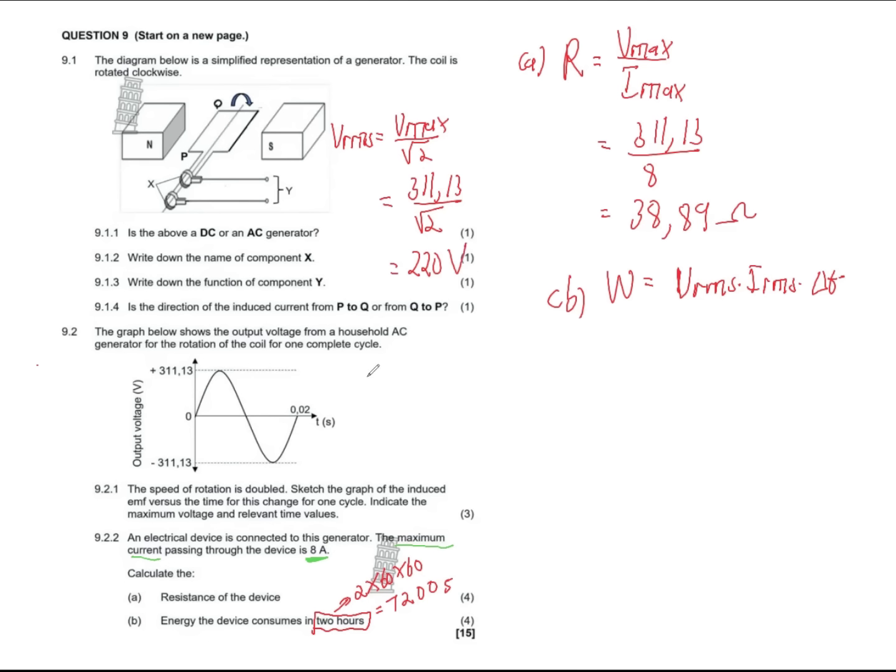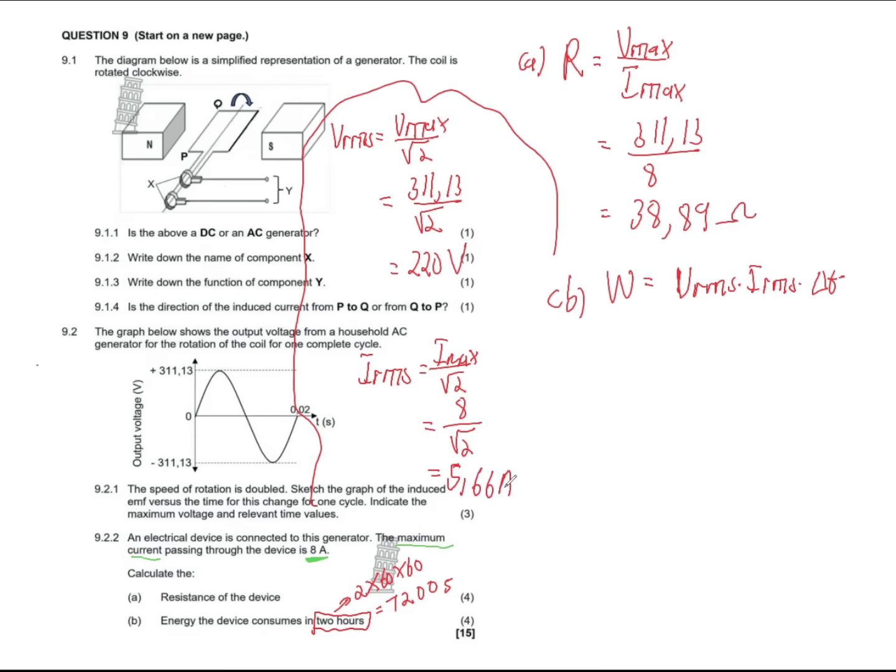And then let's now do IRMS. It's going to be Imax over root 2. And then this is going to be 8 divided by root 2. So all of this is part of B. And this is going to be 5.66 amperes.